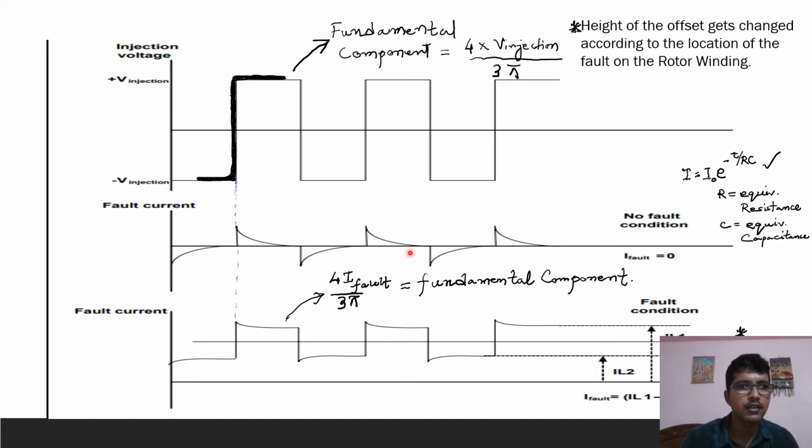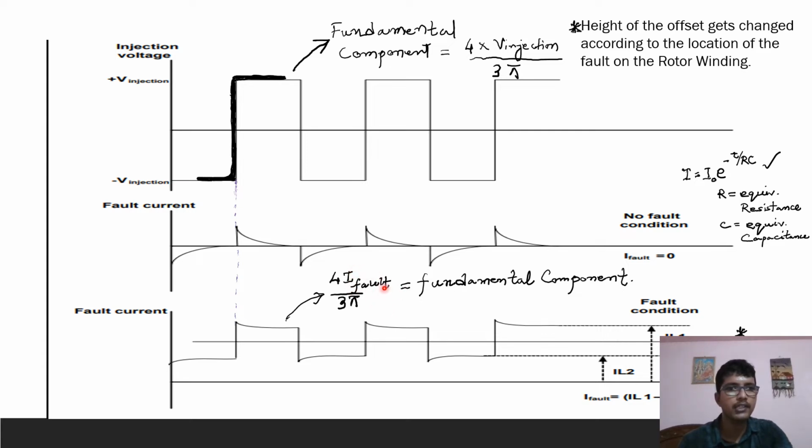And this is the fault current when there is no rotor earth fault. And this is the fault current whenever there is a rotor earth fault. There is an offset, as I've already told you, and the fundamental component can be calculated by using this formula.